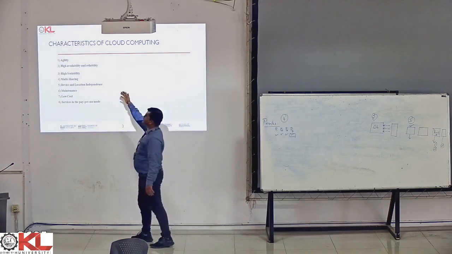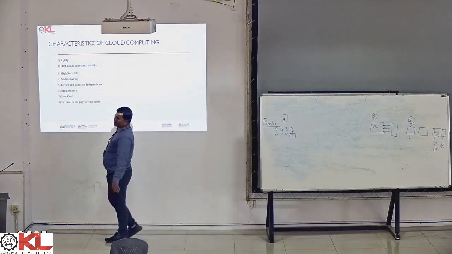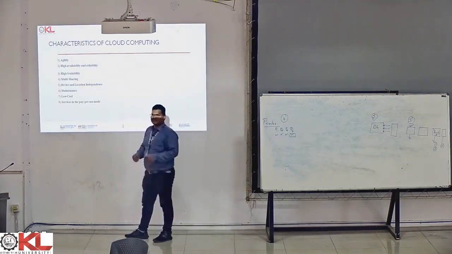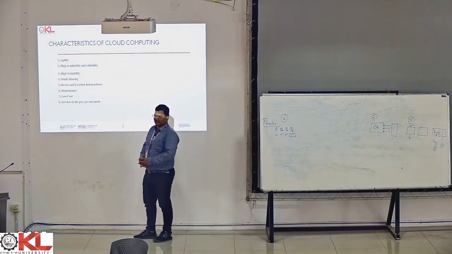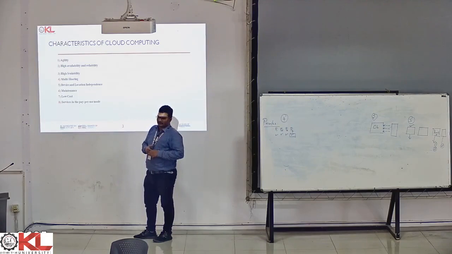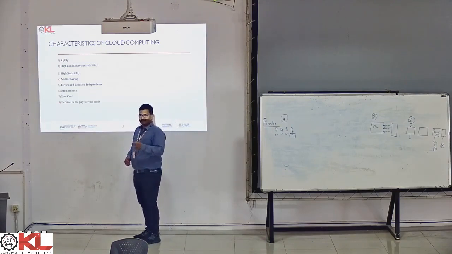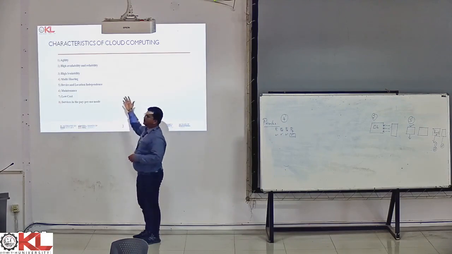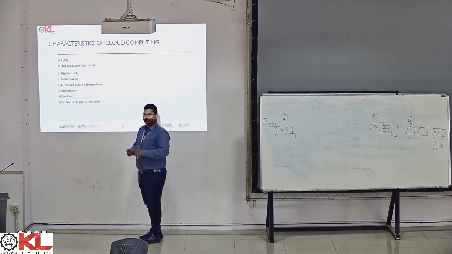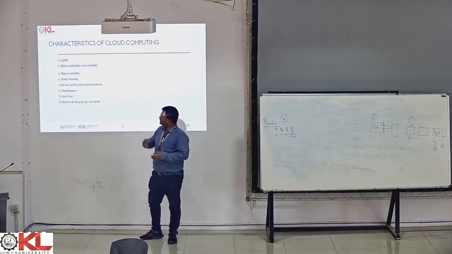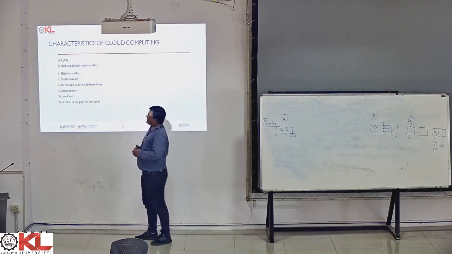These characteristics are agility, which means the fastest response is expected when you are going for cloud computing. Agile always defines fastness, high availability and reliability. There should not be any loss of data while communicating with each other. There should be high availability.